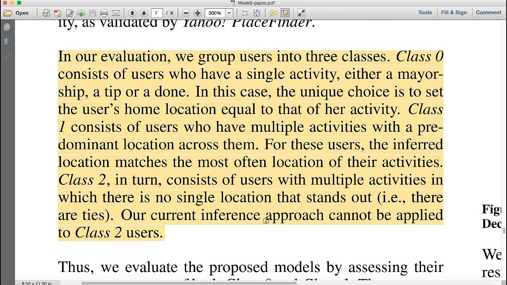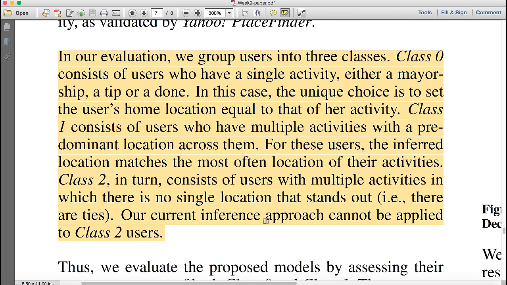Class 1 consists of users who have multiple activities with a predominant location across them. For example, I have multiple tips, dons, and mayorships in my account, but there's one which is very, very high, which is Triple IT Delhi. Class 2 consists of users with multiple activities in which no single location stands out.